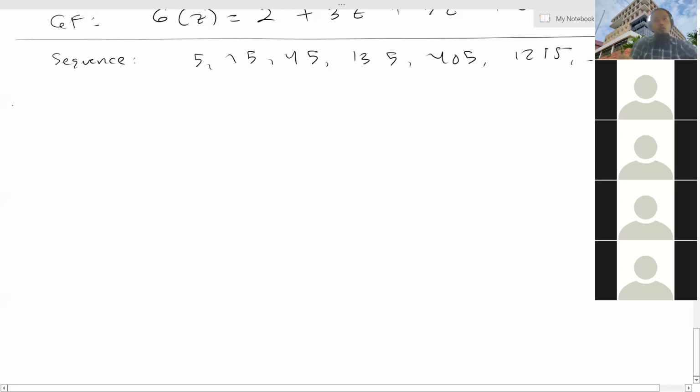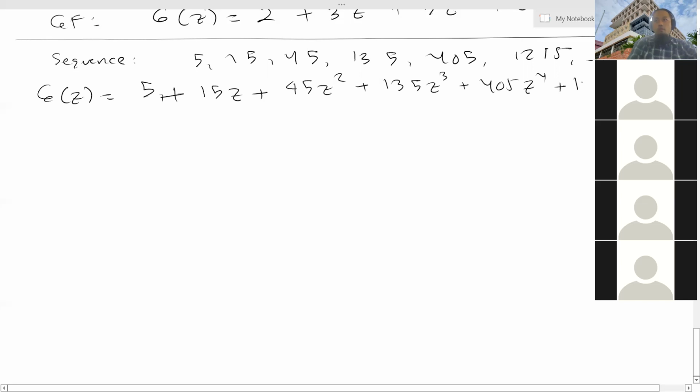So the generating function is, of course, of the form. Just write it down, right? So 5 plus 15z plus 45z squared plus 135z cubed plus 405z to the 4 plus 1215z to the 5, and so on.